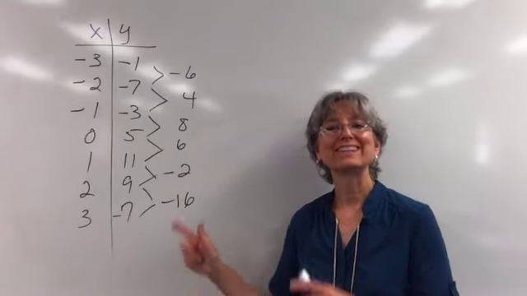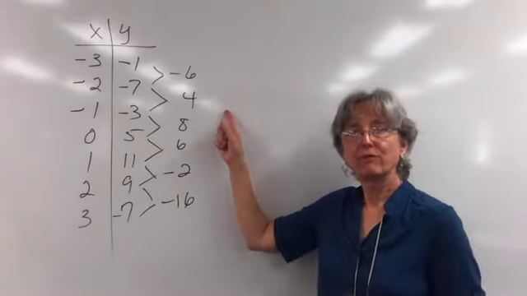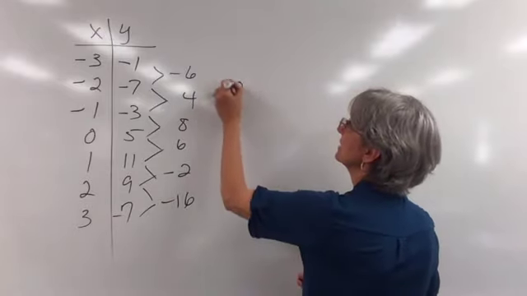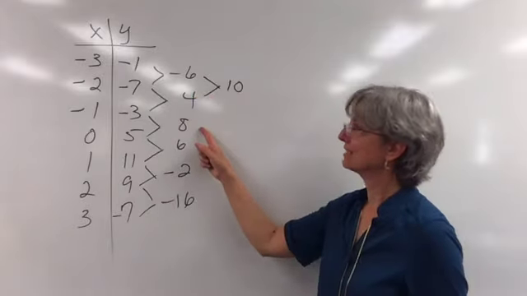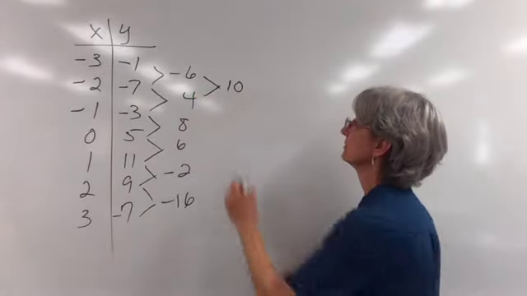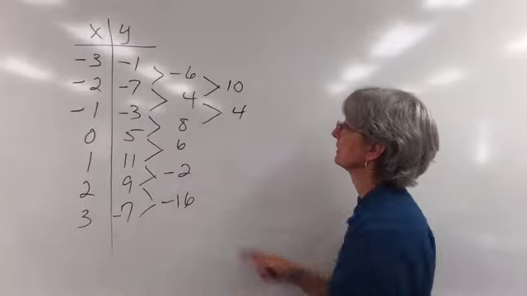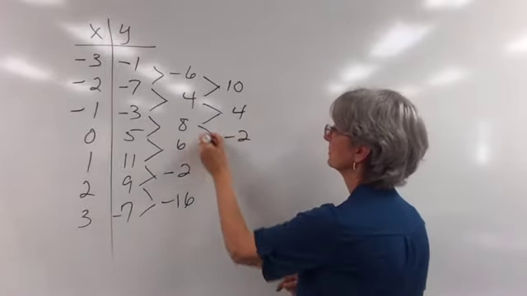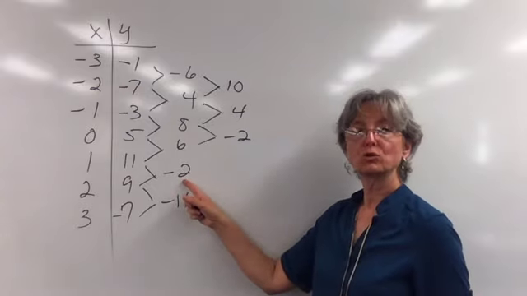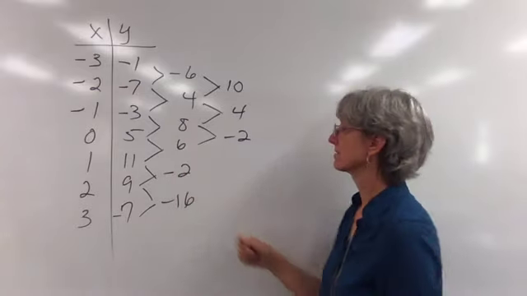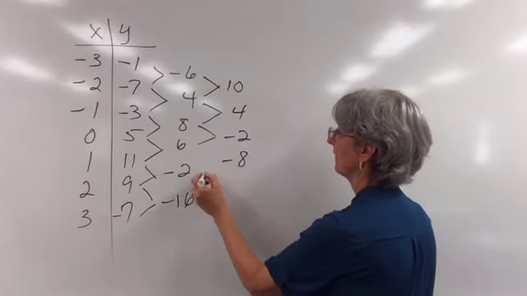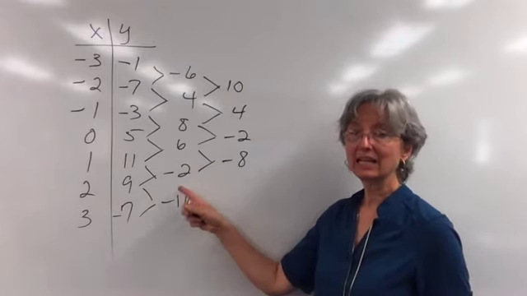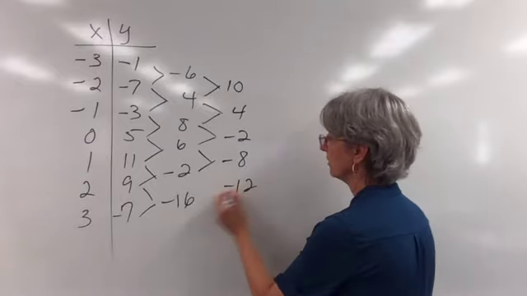So I'm going to do it again. 4 minus a -6, that's 10. 8 minus 4, that's 4. 6 minus 8, -2. -2 minus 6, -8. -16 minus a -2, -12.